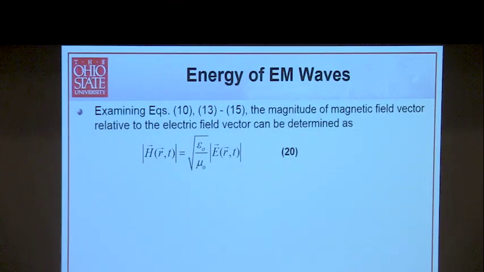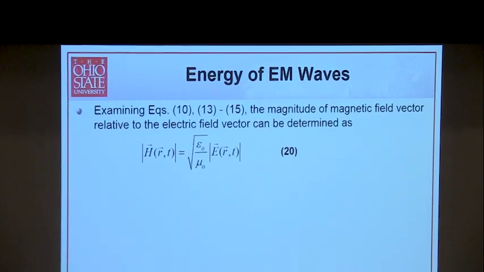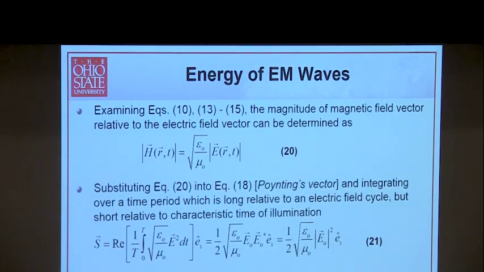So we can also combine some of these equations. Again, that's not important. But what's important is that we end up getting that the magnitude of the magnetic field vector relative to the electric field vector is proportional to the square root of epsilon over mu. And again, as I discussed a little bit earlier, these are the quantities that sustain the fields.